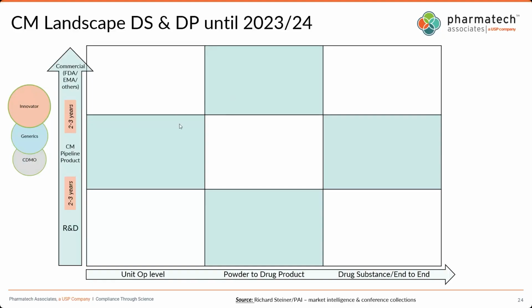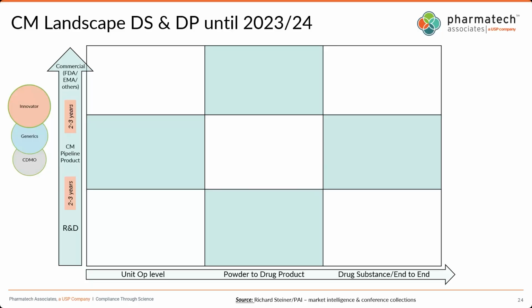One represents companies implementing continuous manufacturing on a unit operation level, so not necessarily linking up 2 or 3 units, but just starting with one unit operation. Then there's what I call the big part, the powder to drug, the oral solid dosage section, which has been very prominent the last 10, 15 years, pushing this continuous manufacturing paradigm forward. And then on the right side there are the drug substances or end-to-end applications.